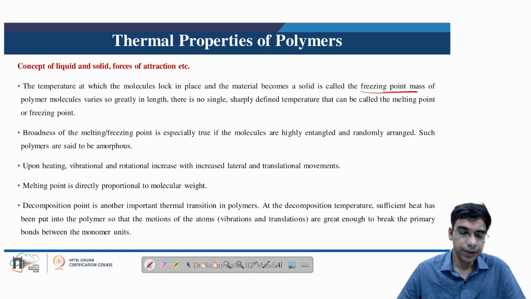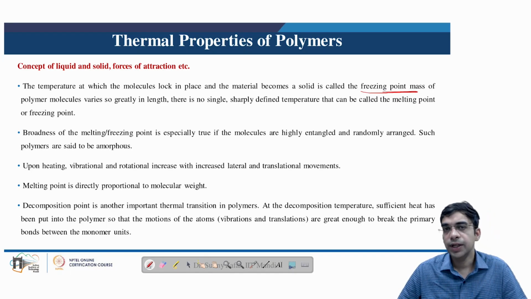So the melting point is directly proportional to the molecular weight. What this means is that if for a given polymer chain the molecular weight is on the higher side, more energy will be needed for the heating to provide vibrational and rotational movements. So an increased melting point will be observed for such polymer molecule chains.